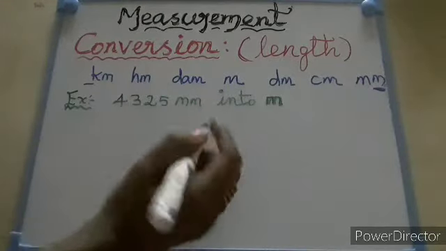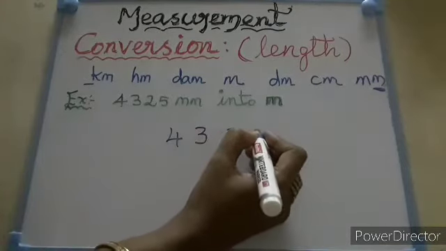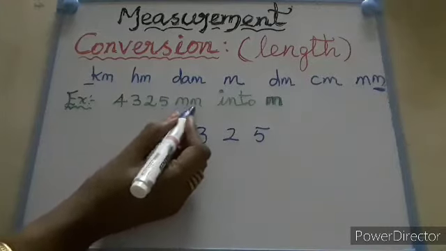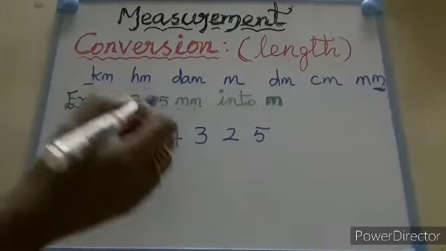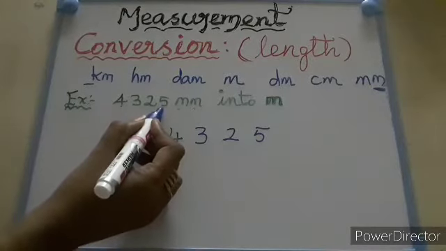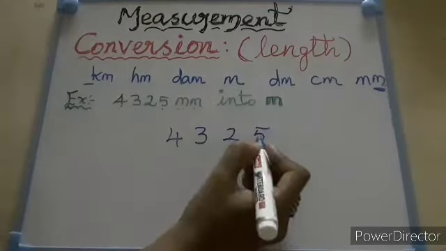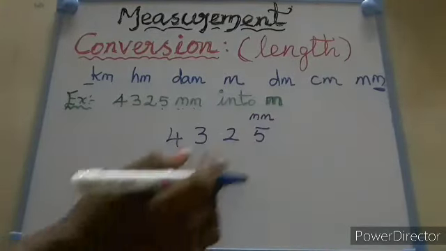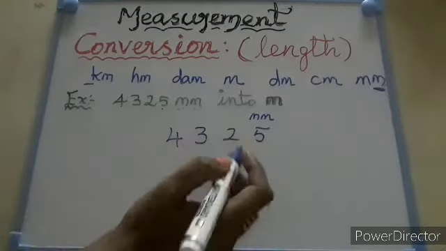So when we write 4, 3, 2, 5, this last digit belongs to millimeter. That is, 5 belongs to millimeter, so you should write millimeter here. What is the next unit? Yes, centimeter.